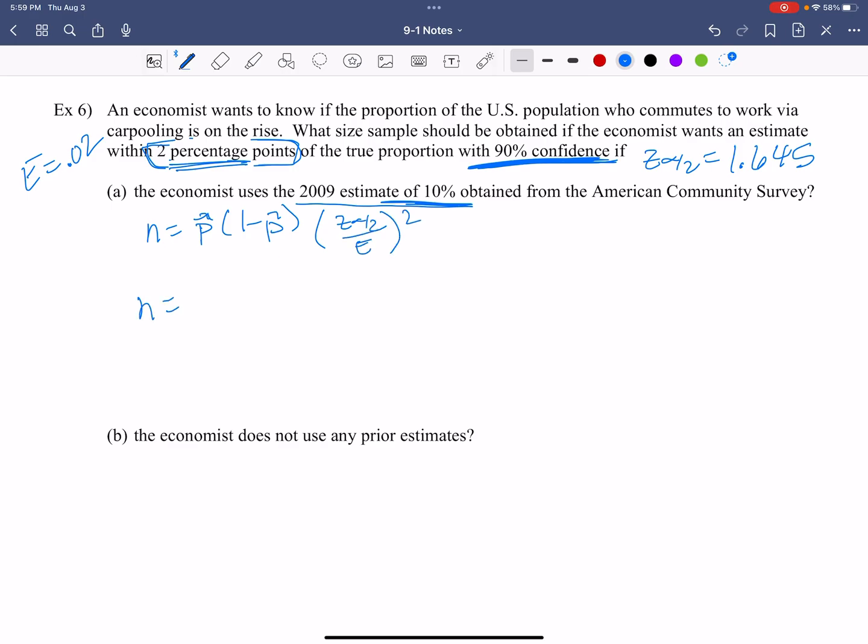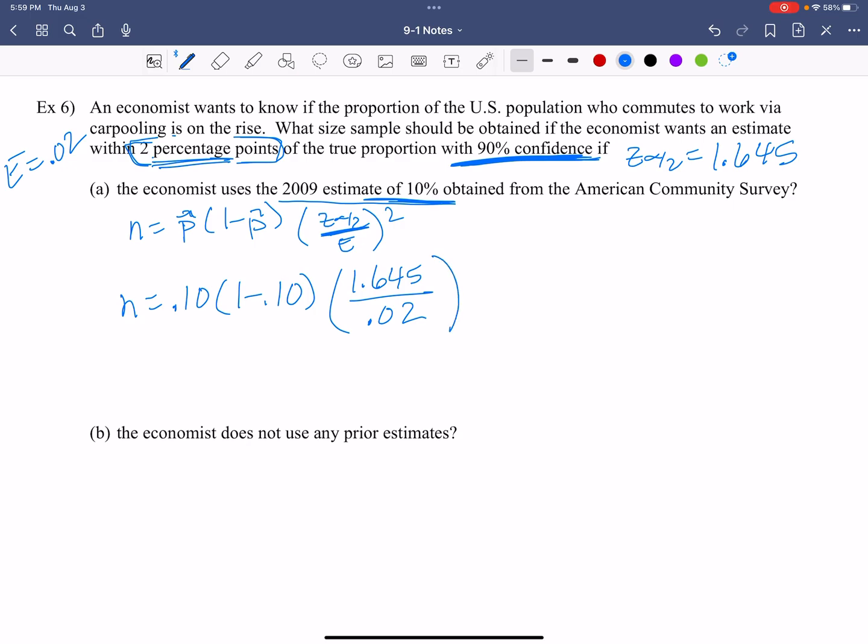Let's plug that in. P hat here is 0.10. 1 minus 0.10, times 1.645, because we got that from our chart. That's at alpha divided by 2. And our margin of error, because it says percentage, is a decimal, 0.02. And then that's squared. So plug that into your handy dandy calculator. What do you get? 608.8, and no matter what, it rounds up to 609.